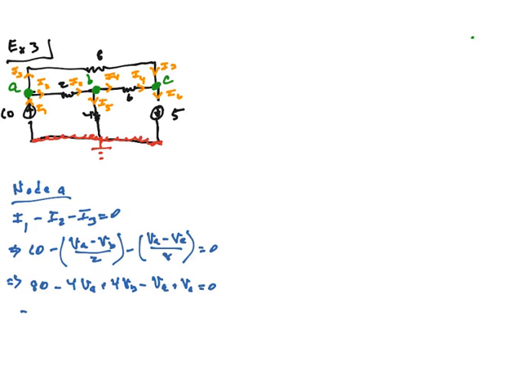In standard form, minus 4VA minus VA is minus 5VA plus 4VB plus VC is equal to negative 80. So there's node A's equation, standard form simplified.